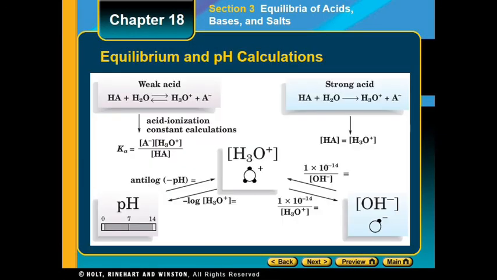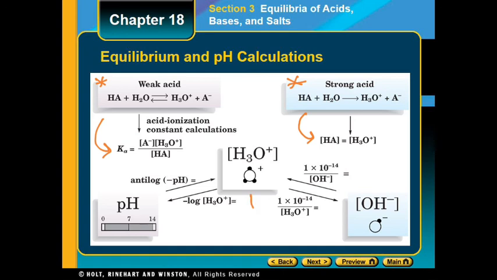And to finish this up right here, your weak acids, it's giving you the generic equation for a weak acid, strong acid over here. You're looking at your ionization constant for a weak acid, whereas over here, your acid and hydronium ions are going to be equal. You could look at the ionization constant for water.